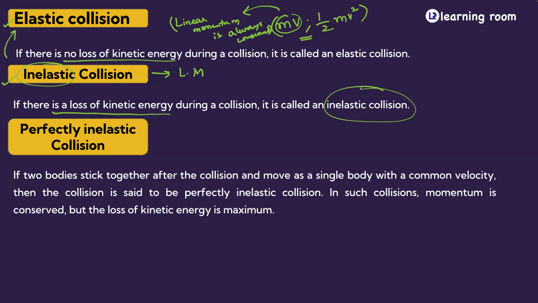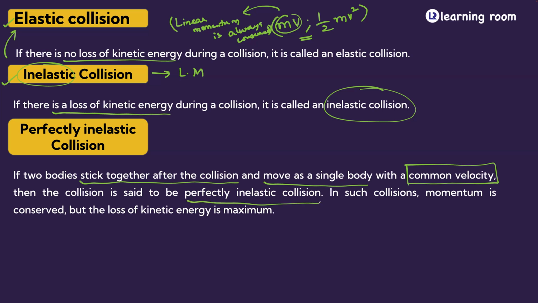So if two bodies stick together after the collision and start moving as a single body, one important point is both the objects will have the same velocity, and that same velocity is given the name common velocity. So if two bodies stick together after collision and move as a single body with a common velocity, then the collision is said to be perfectly inelastic collision.